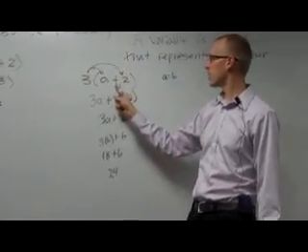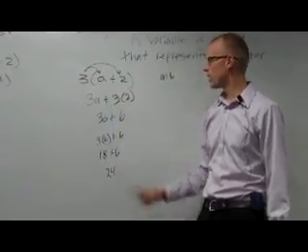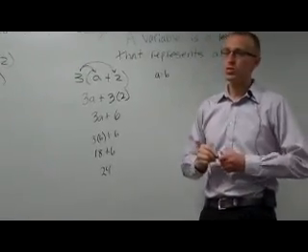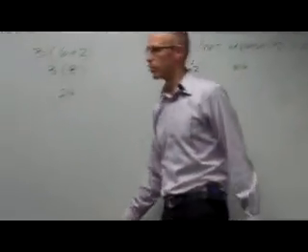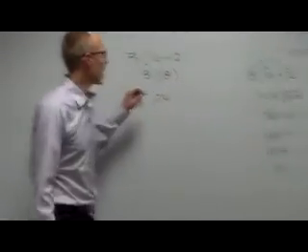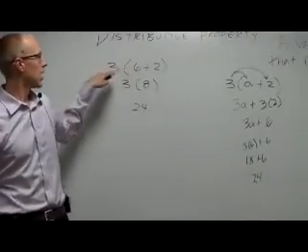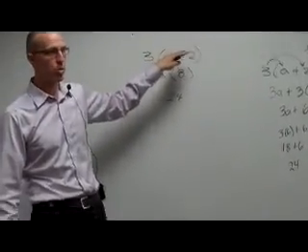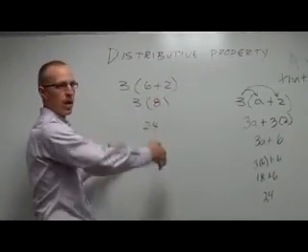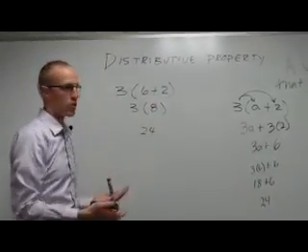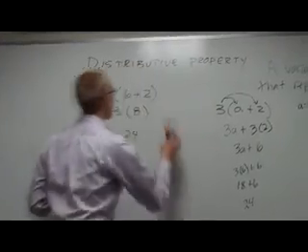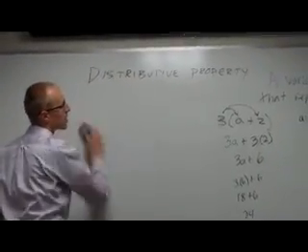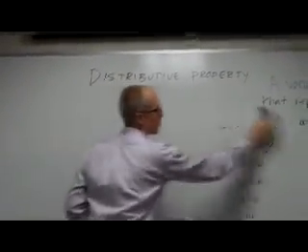Since there's a plus sign in the middle, we're going to do the plus sign there. Let's do one more example, and we'll use the distributive property and the order of operations to make sure that we get the same answer.